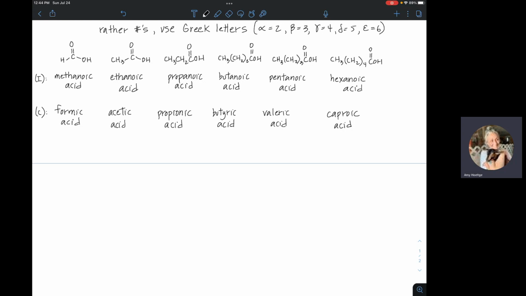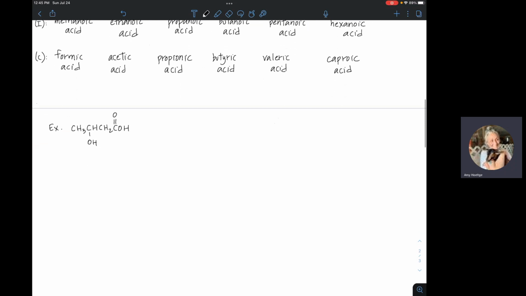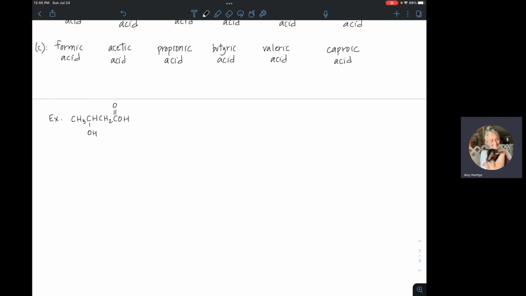If you have a substituent hanging out, let's do an example where we've got a substituent somewhere. We'll put an OH here as a substituent. If you want to use IUPAC nomenclature for this, the carbonyl is going to be carbon number 1.